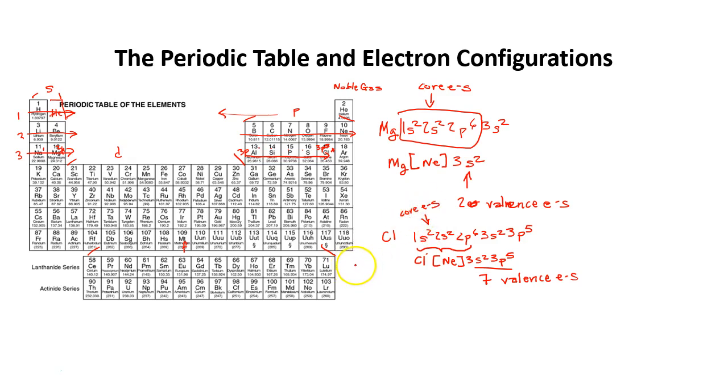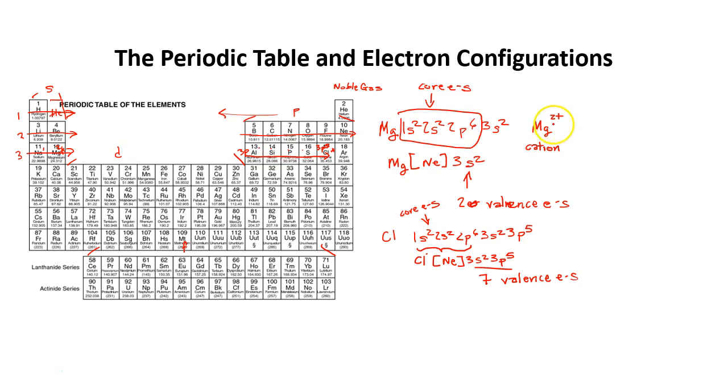All right. Well, what happens if I have magnesium 2+? What would be the electron configuration for the magnesium 2+ ion, a cation? All right. Well, when we lose electrons, we lose them from the highest energy level.